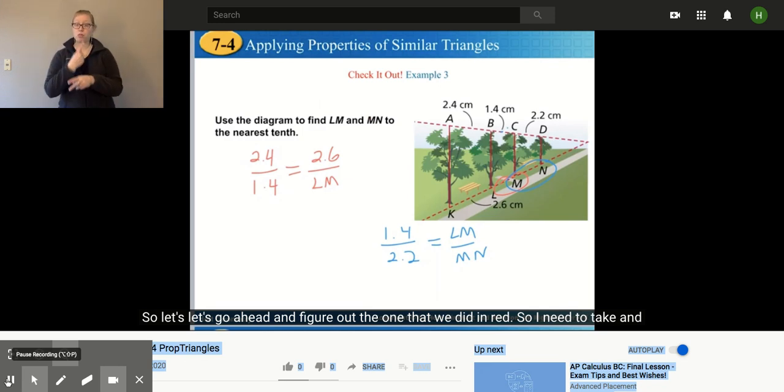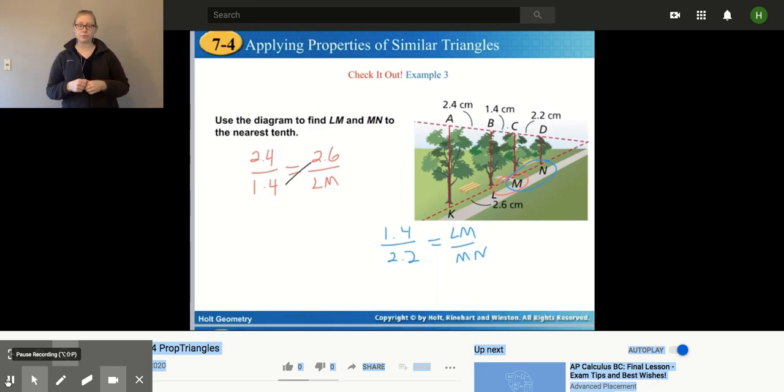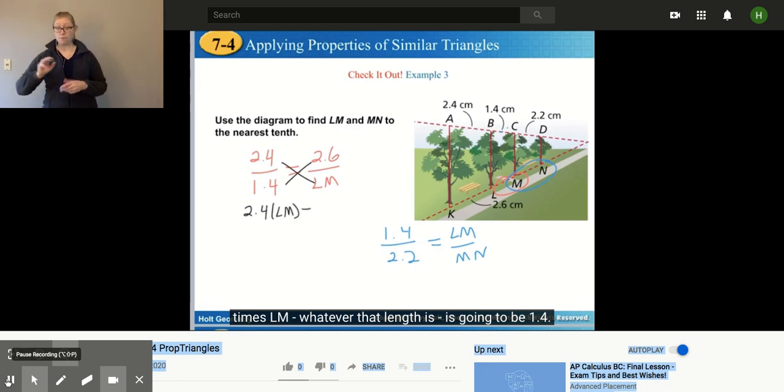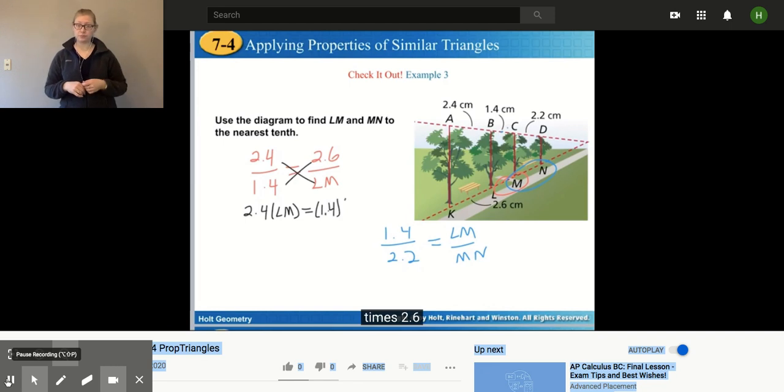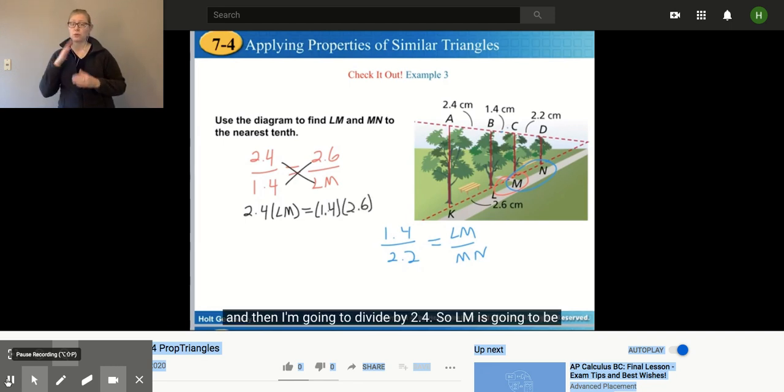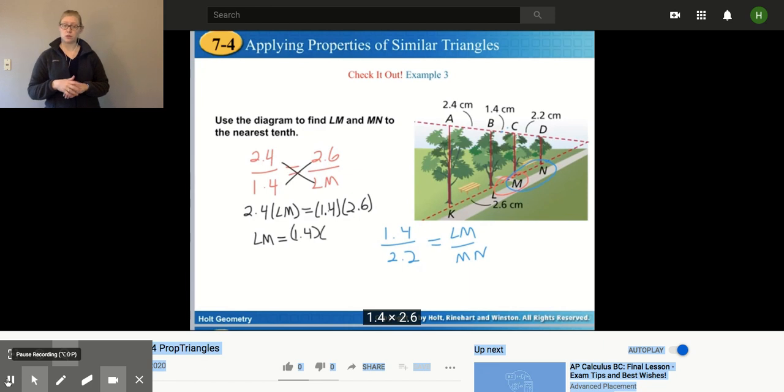So I need to cross multiply and solve. I have 2.4 times LM, whatever that length is going to be, equals 1.4 times 2.6. And then I'm going to divide by 2.4. So LM is going to be 1.4 times 2.6 divided by 2.4.